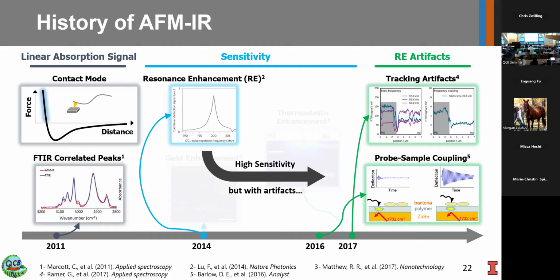So this mechanical coupling can introduce, even randomly, non-chemical contrast and high levels of noise, limiting applications of thin samples and our ability to record really high resolution data. So although this timeline ends at approximately 2017, this is still currently the state-of-the-art approach that the AFM-IR people use.